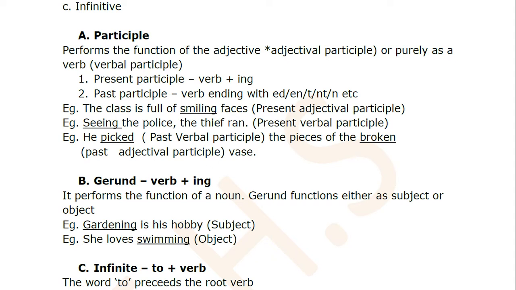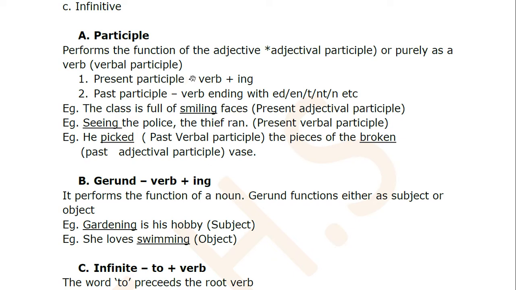Okay. Now a participle performs the function of an adjective, that is adjectival participle, or purely as a verb, that is verbal participle. This star shouldn't be here, it should be open in brackets. Now you have two types of participle. One is present participle.